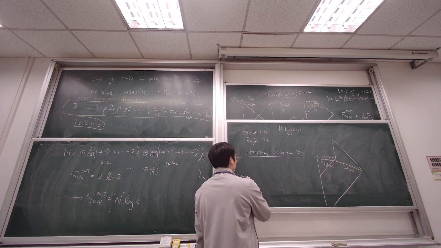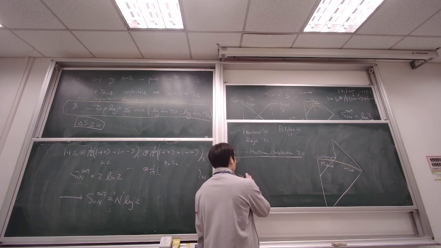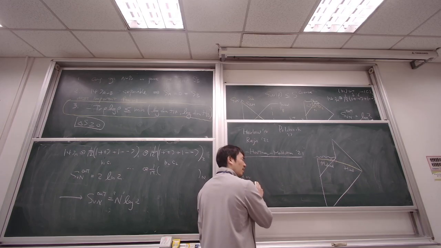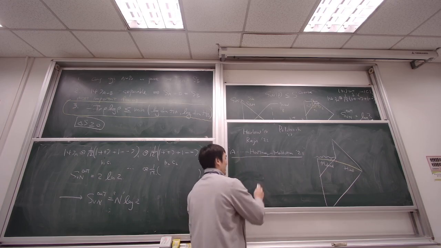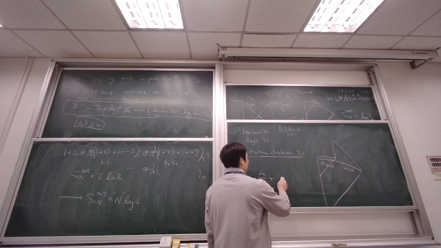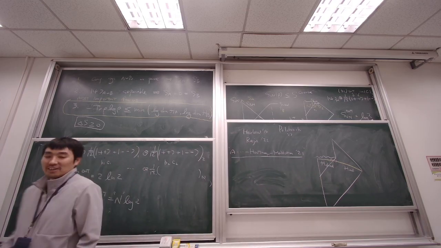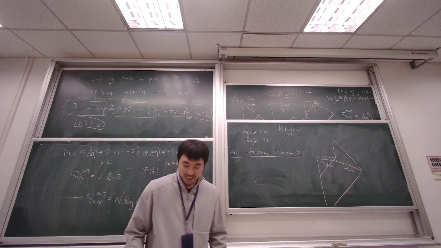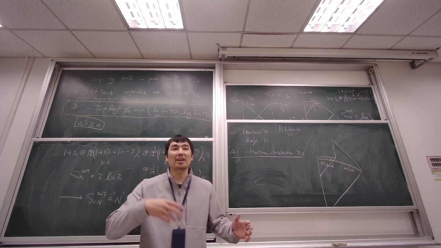Sorry, most likely minimum: A over 4 plus S. It's better not to write down the island formula, I think I already forgot how to write it. Anyway, that's the idea, and there's not only the black hole entropy, you have to take some complement.